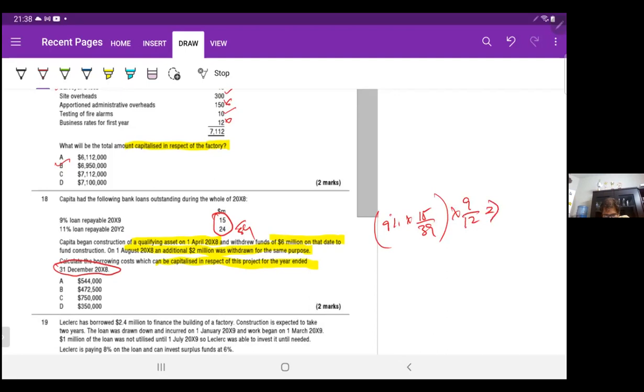What will we get? 459,000. Sorry, not 459,000.